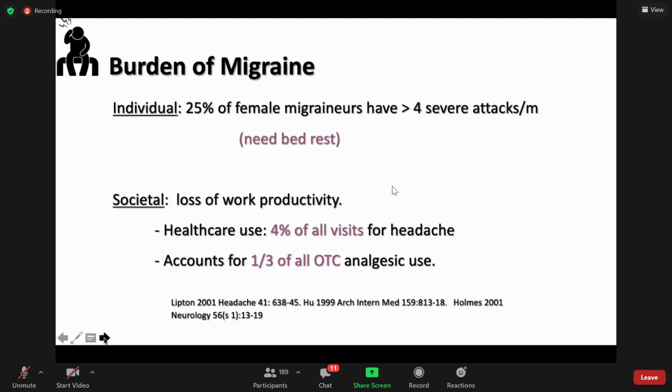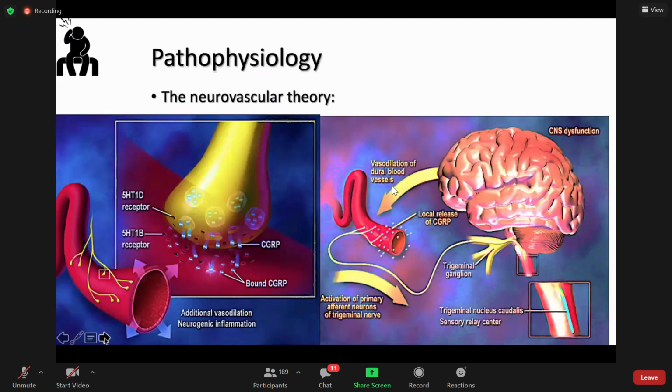The pathophysiology: the trigger for migraine may start in the cortex and then start stimulating the trigeminal nucleus caudalis, and then it may lead to vasodilatation of the blood vessels and local release of a very important substance, which is calcitonin gene-related peptide.